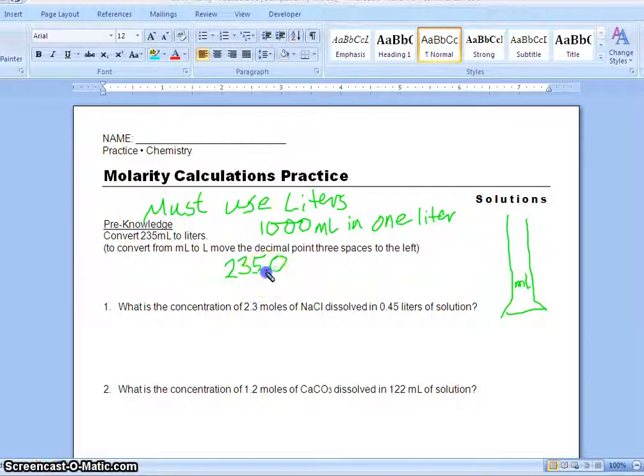And the way we can do that easily is just move that decimal point 3 places, because 3 zeros in 1,000. So 235 milliliters equals 0.235 liters. Remember, if you get stuck, look back at the beginning of this film for information that will help you.